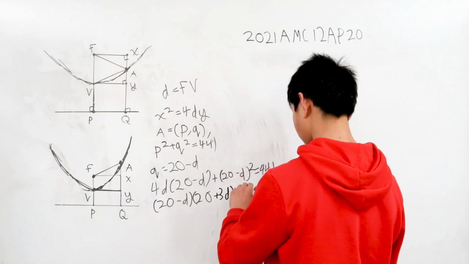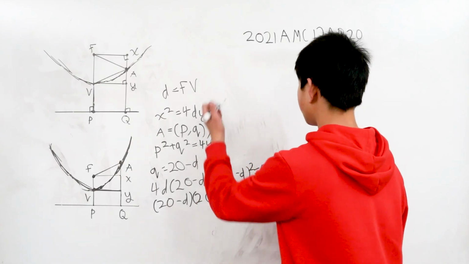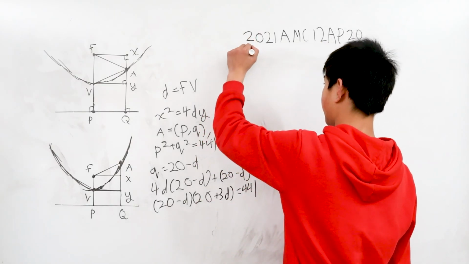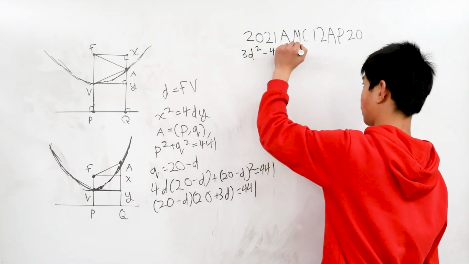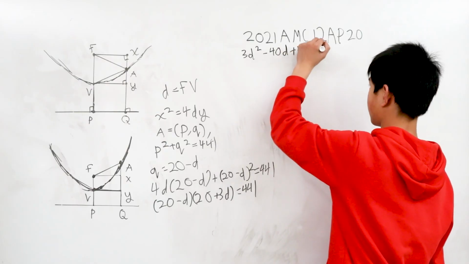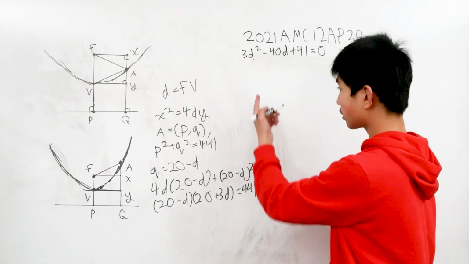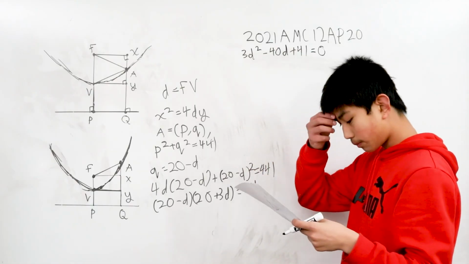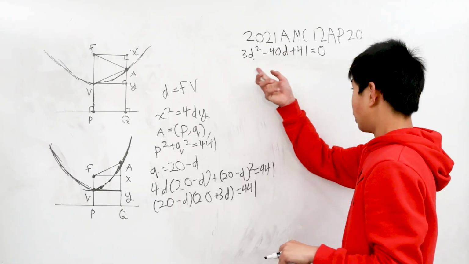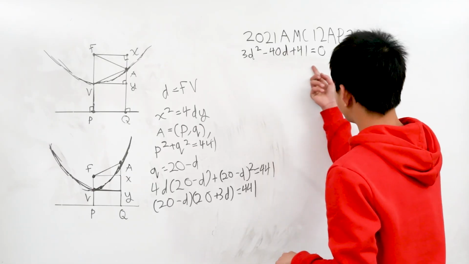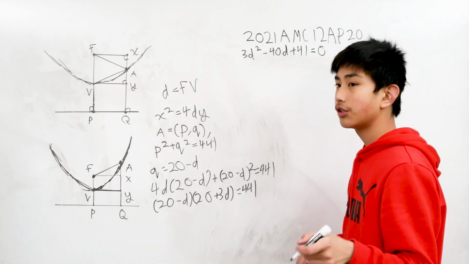This is 441. Once you multiply this out, you get 3d squared minus 40d plus 41 equals 0. Since the problem asks for all the possible values of the length, and we expressed it in this form, we can now utilize Vieta's formulas to get the sum of all the values.